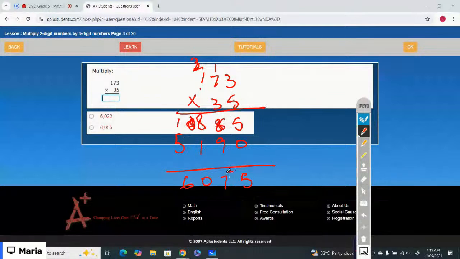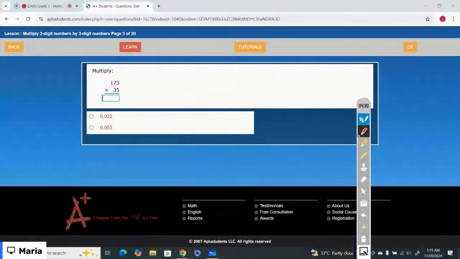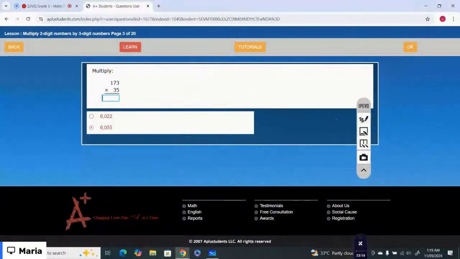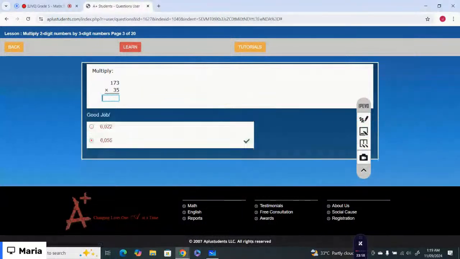Here you have 15. That is 6,055. The correct option is option number 2. That is 6,055. Yes, very good. That's option 2. 6,055 is the correct option.